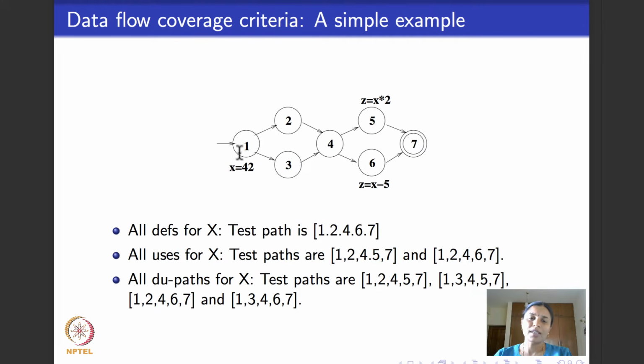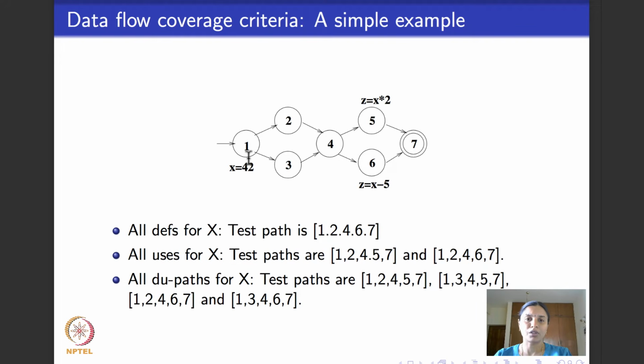The third condition says from the definition of X at node 1 to its uses at nodes 5 and 6, you not only cover this definition to all its uses, you consider all the paths that take you from this definition to this use. So if you see, there are 4 different possible paths. I could do 1, 2, 4, 5, 7, or I could do 1, 3, 4, 5, 7.